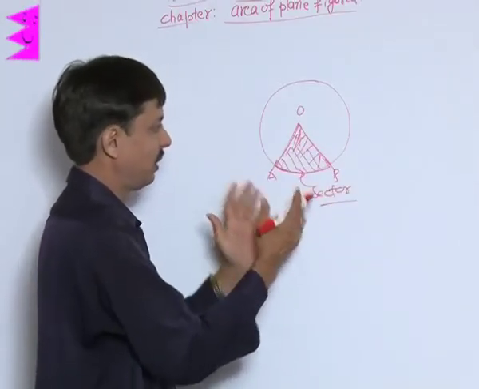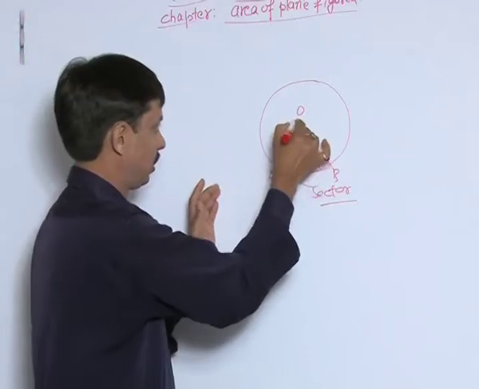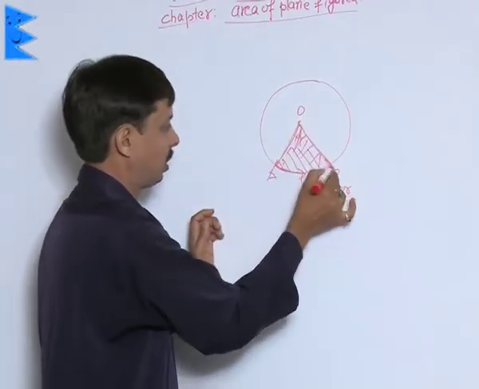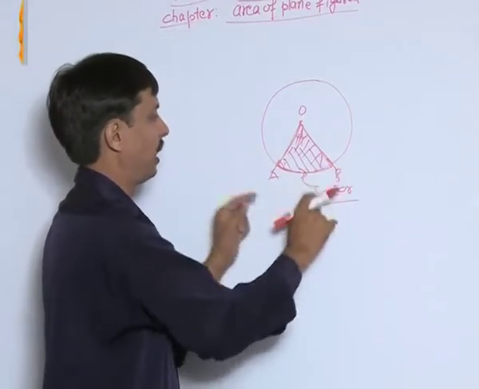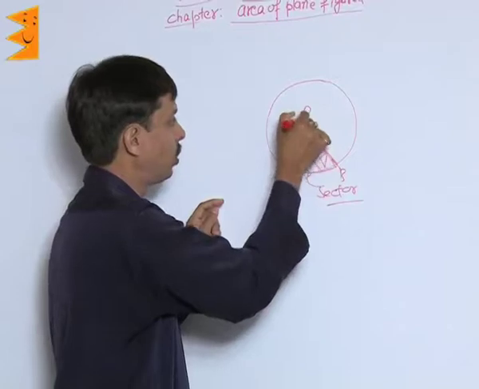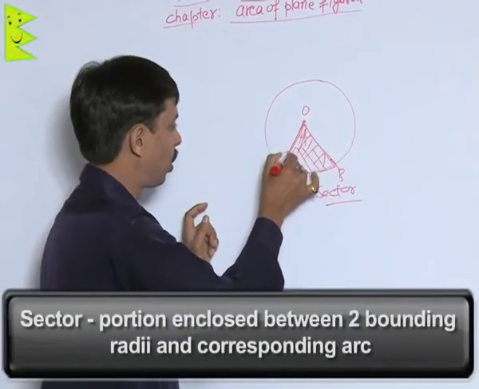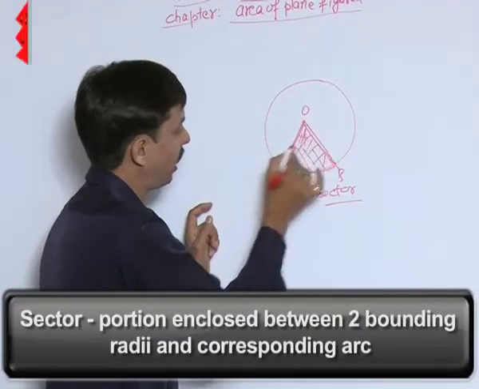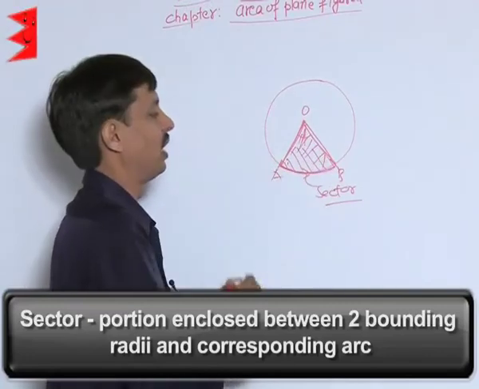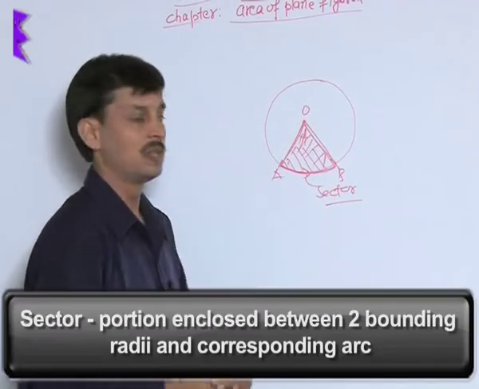So a sector is the shape when the two end points of an arc are joined to the center of the circle, and the portion so enclosed between the two bounding radii and the corresponding arc is known as a sector.